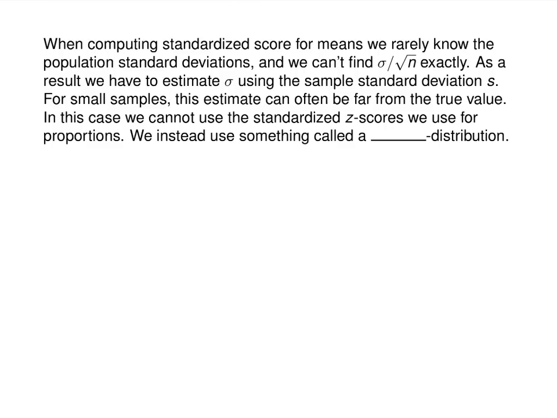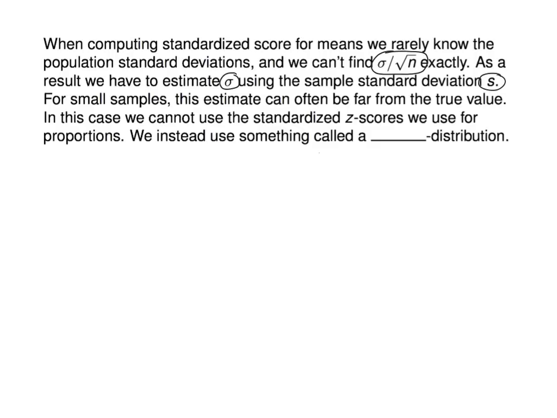Okay, the previous stuff we did in example 4 were population proportions. Now we're going to talk about what happens when you compute a standardized score for means. And in this case, for means, you rarely know the population standard deviation, and you can't find this sigma over root n exactly. As a result, we in practice have to estimate sigma using the sample standard deviation S. And for small samples, this estimate can often be far from the true value.